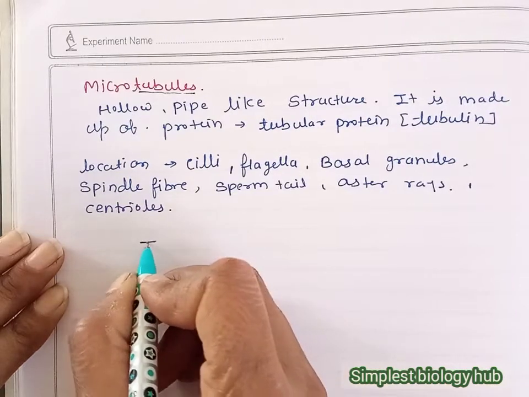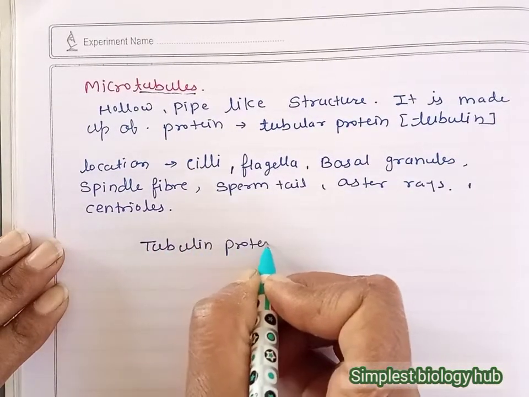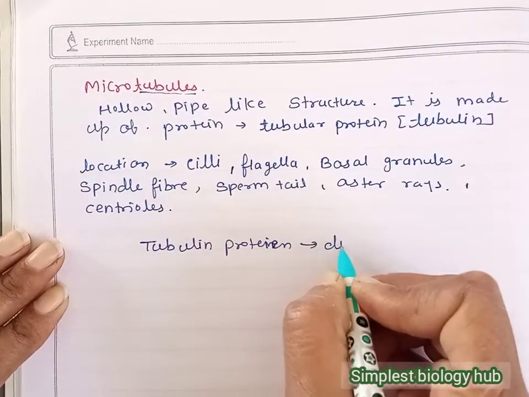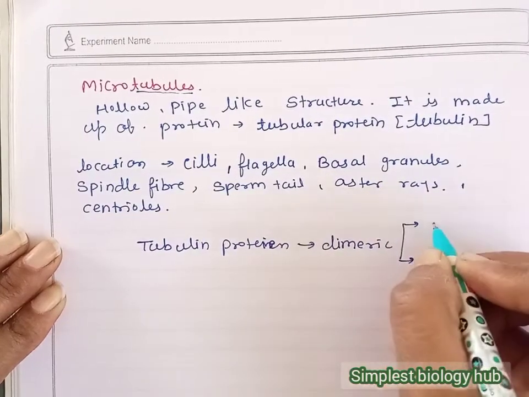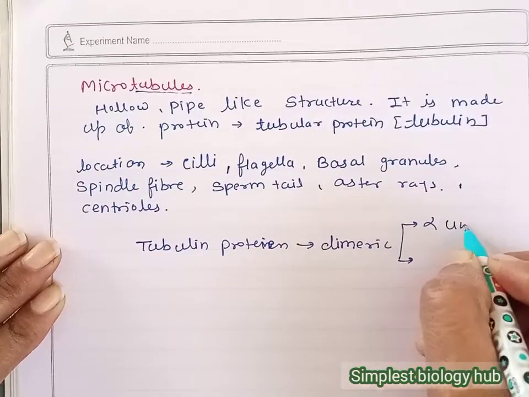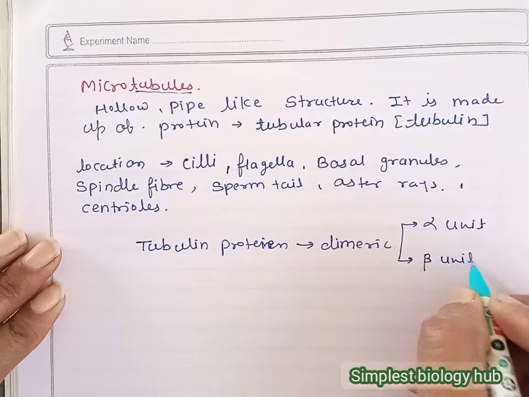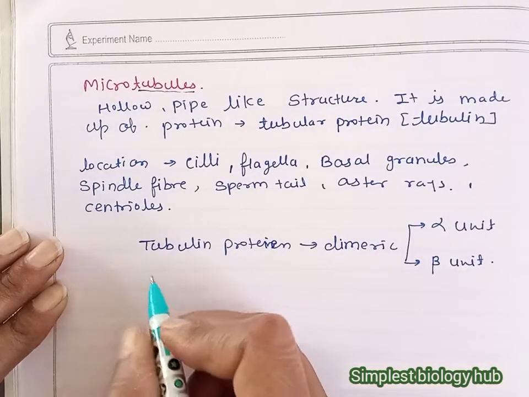Generally, tubulin protein is a dimeric protein. Dimeric protein means it is made up of two units. One unit we call the alpha unit, while the second one is called the beta unit, and they are arranged alternately. Here we draw the structure of the microtubules.